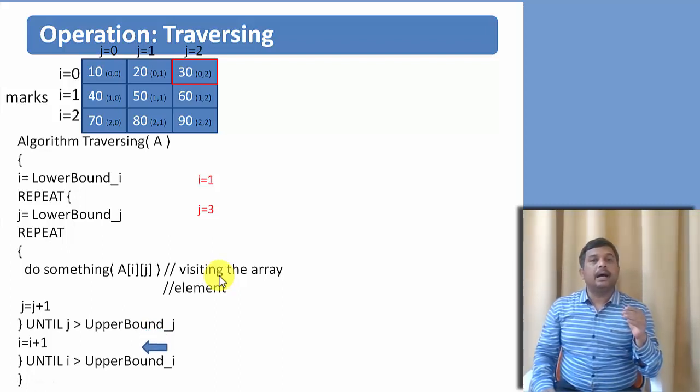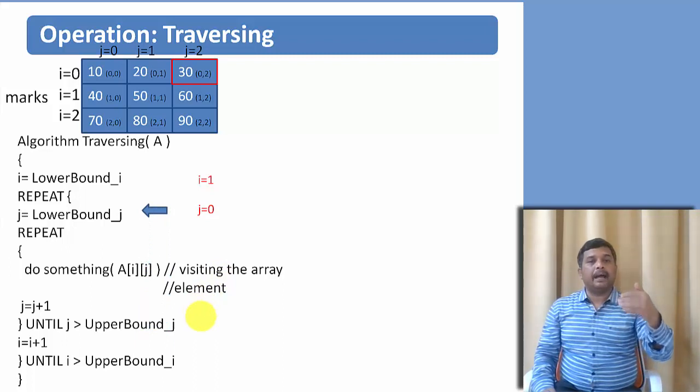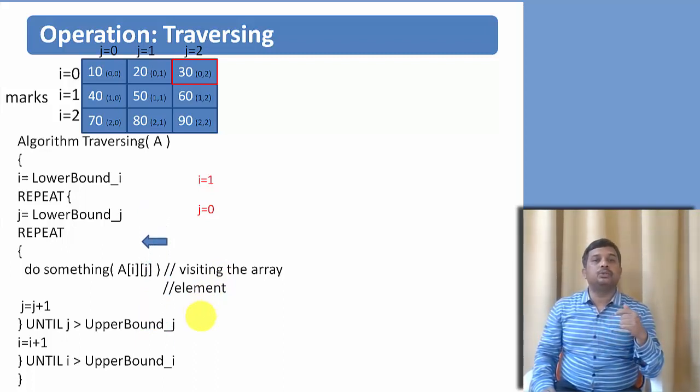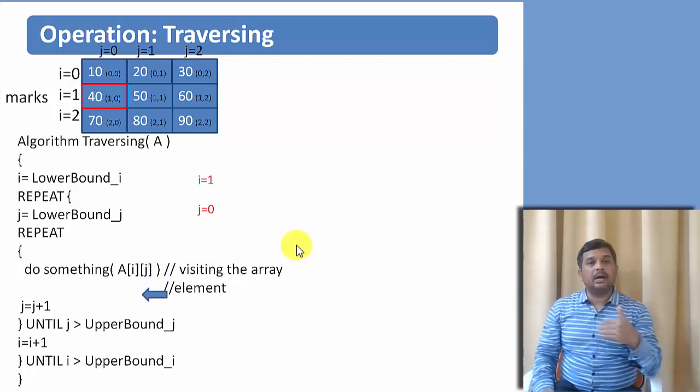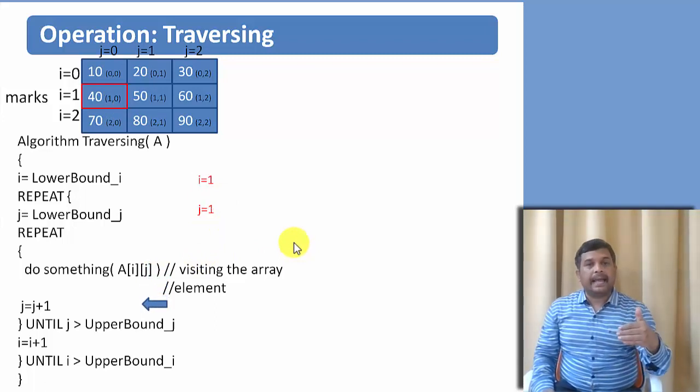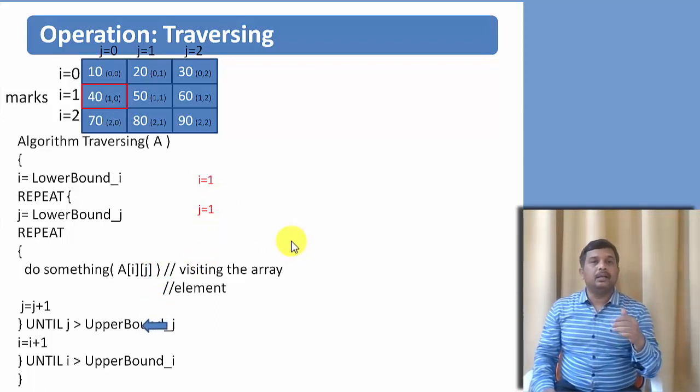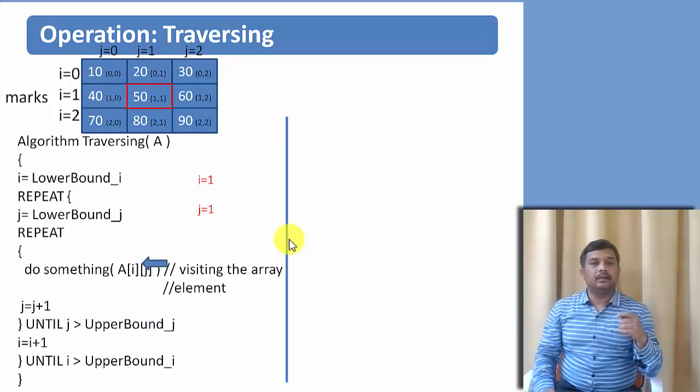So that's why I will increase i by 1, and come back to the loop with j equal to 0. Here, I will do something with this particular data, that is 1, 0. So this is how I access each and every element in a matrix.